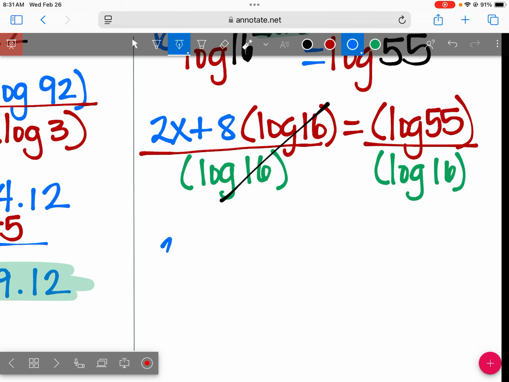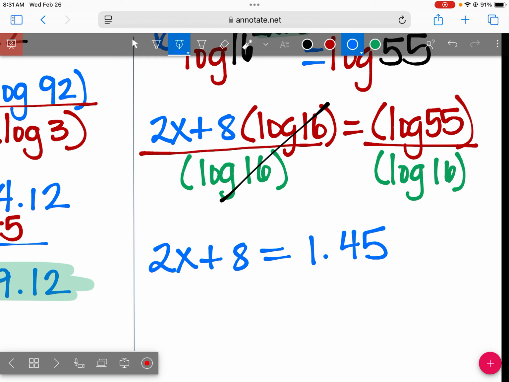So that'll be 2x plus 8 equals, now get your calculator and type that in. Take the log of 55. What'd you get? 45. Is that it? Let me check too. Yep, that's what I got too.